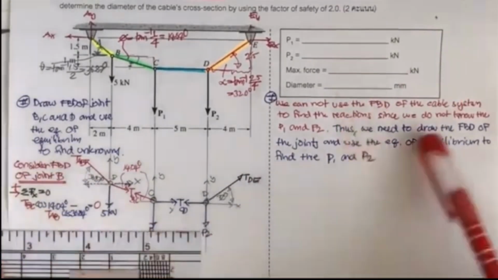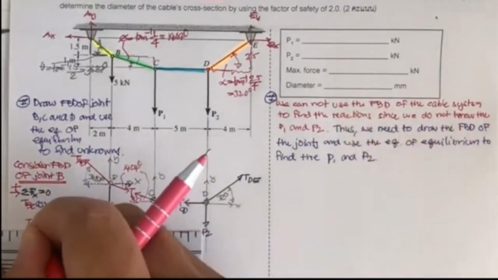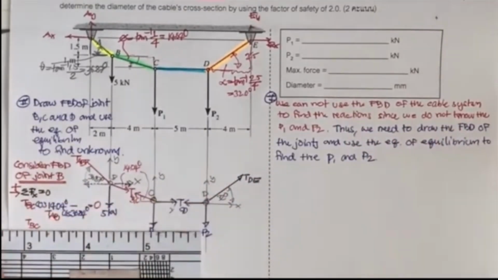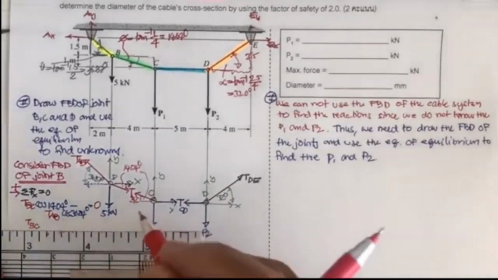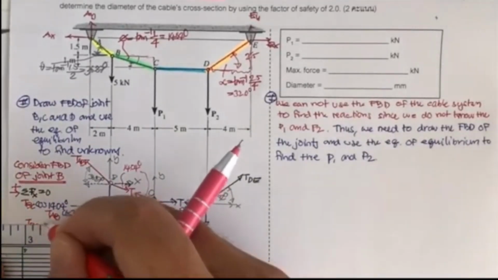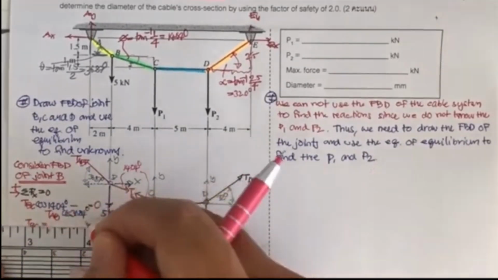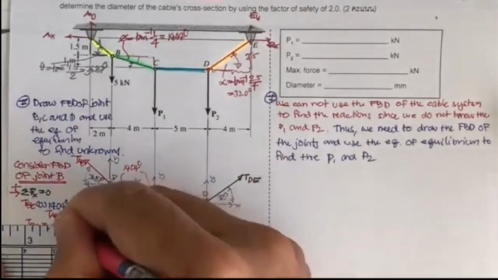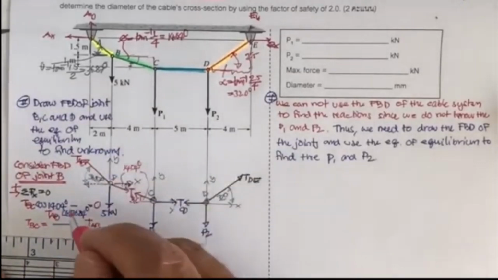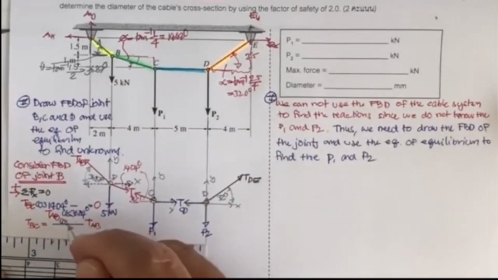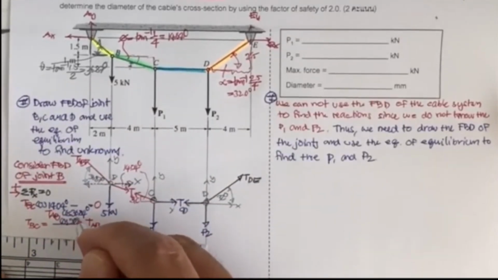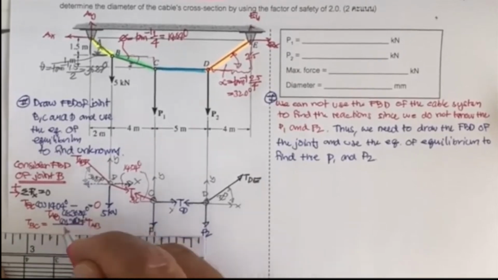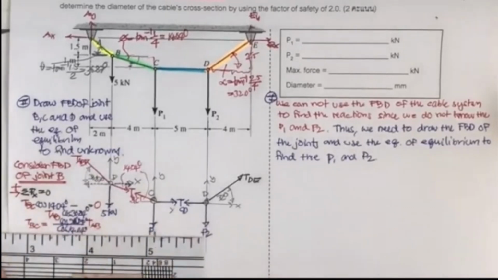So now your T sub BC, if you move this, is going to be equal to T sub AB, and then you move this one, and then this is going to be cosine 36.87 degree divided by cosine of 14.04 degree.